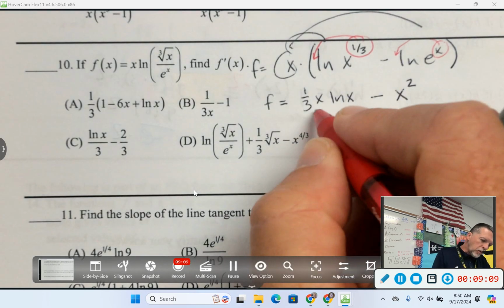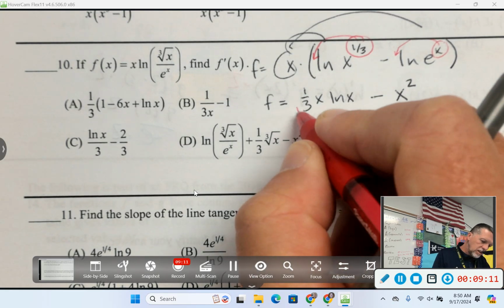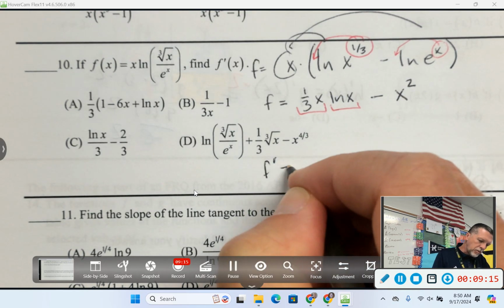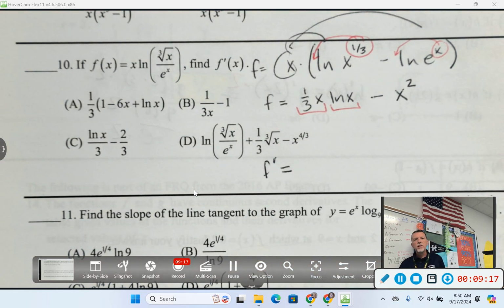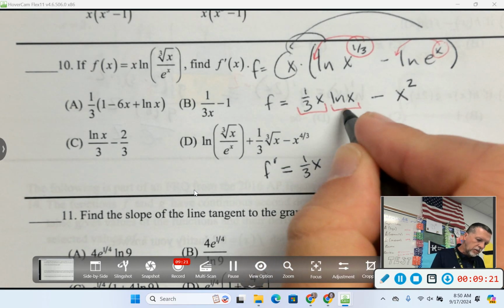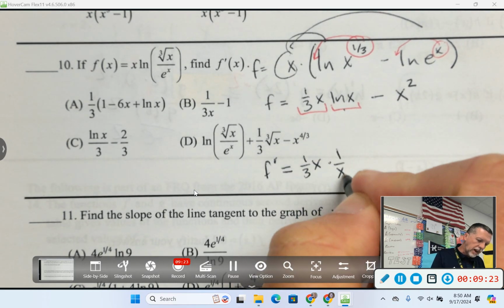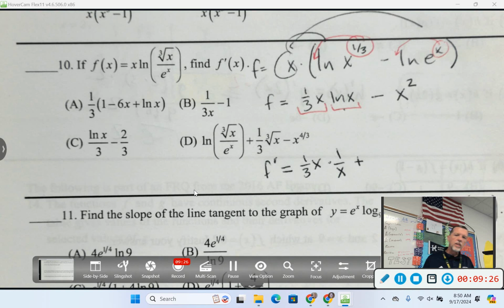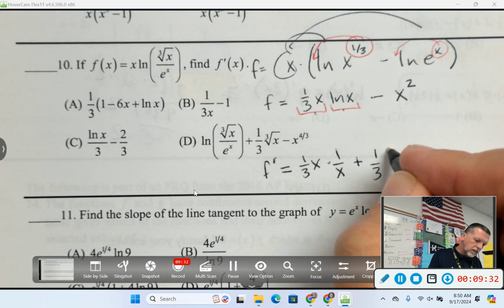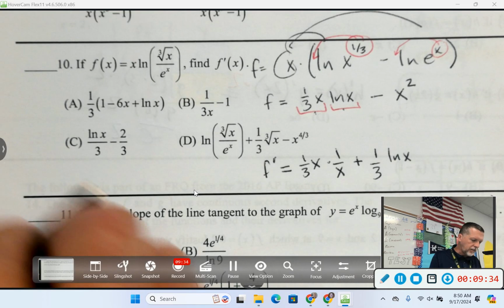I'm still going to have the product rule. So in my mind, there's how I'm splitting that up. The first one is 1/3 x. The derivative of the second one is 1 over x. Plus the other way around, the derivative of 1/3 x is 1/3 times natural log of x.